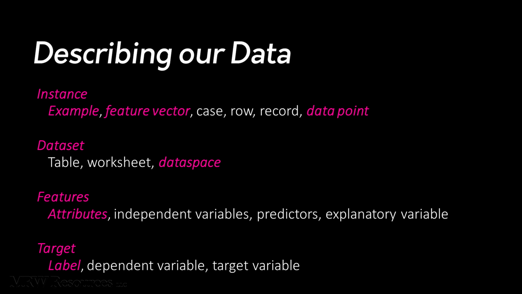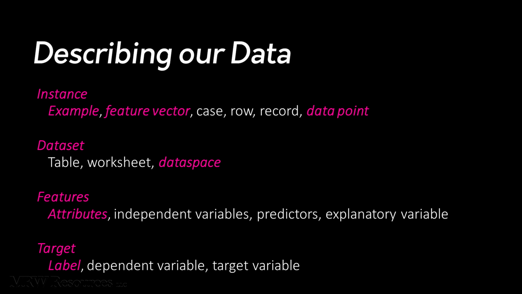Now, those items you see in pink are probably the ones you're going to hear most often when talking with data scientists, especially hardcore data scientists. Of course, as we know, independent variables aren't always independent of each other and often are not independent of other things as well. And likewise, dependent variables may not be dependent on all of the explanatory variables.